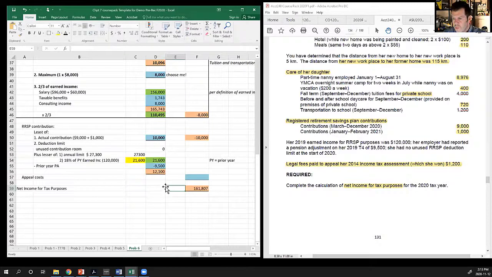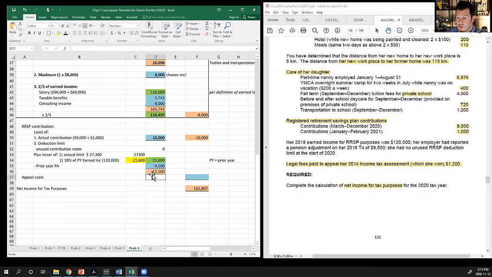So now what we've got, okay, is the RRSP contribution or deduction specifically that she'll take in the year. The RRSP deduction is the lesser of, well, what did she contribute? She put 10 grand in the bank, okay? And this is her actual limit, right?